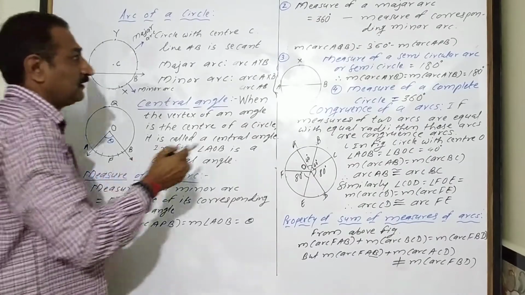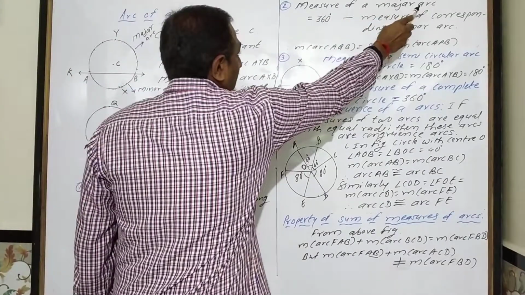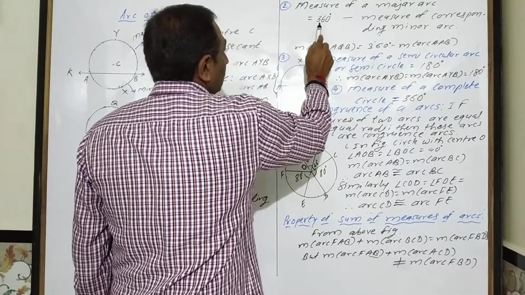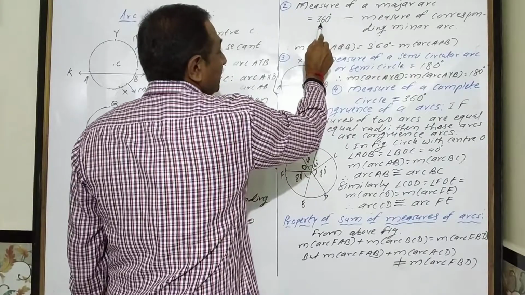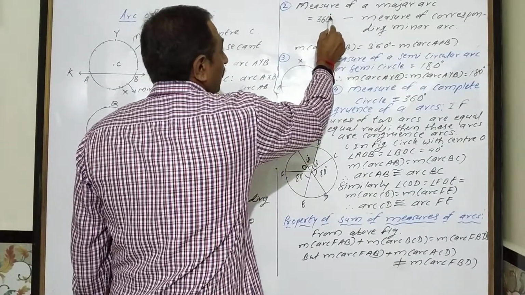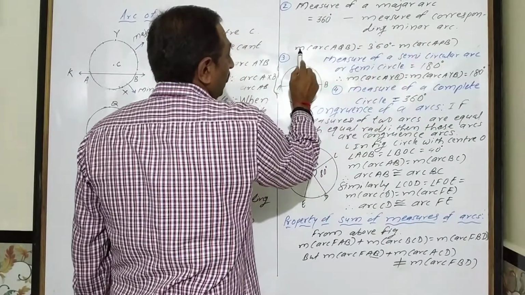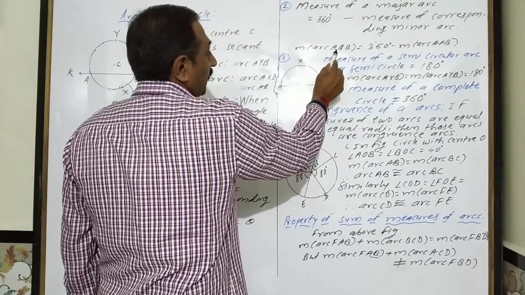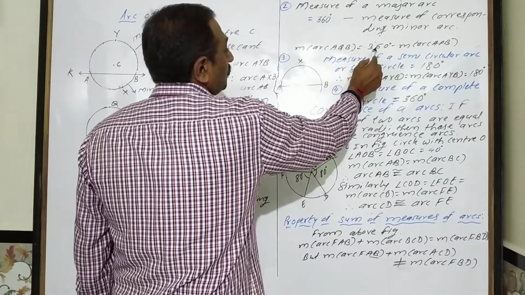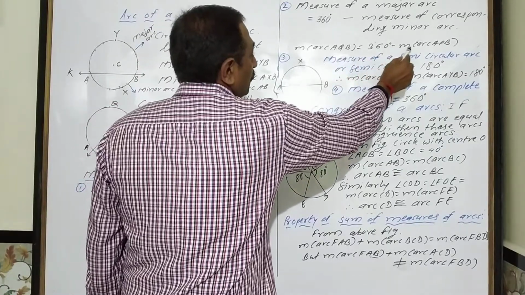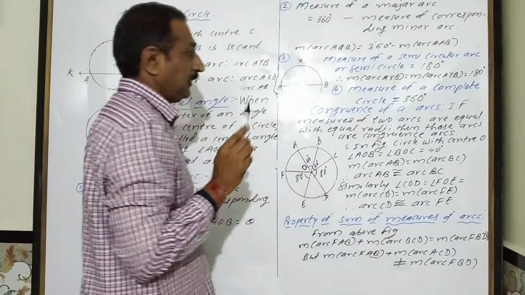Hence I write here: measure of a major arc is equal to measure of a complete circle, means 360 degrees, minus measure of the corresponding minor arc. Therefore, from the figure, measure of arc AQB is equal to 360 degrees minus measure of arc APB.